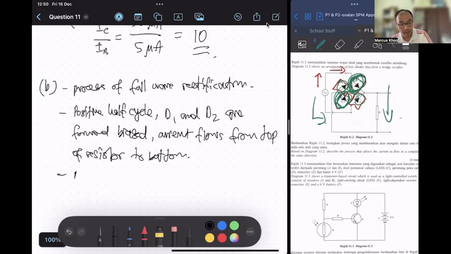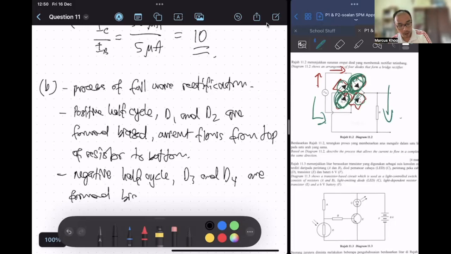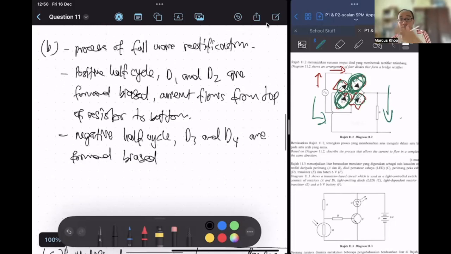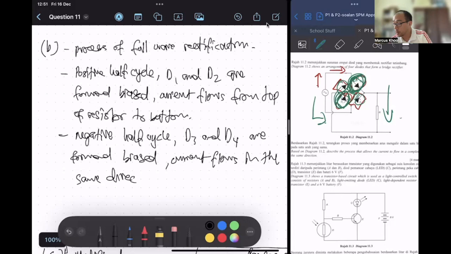Then the second one is the negative half cycle, which is the green color one. In the negative half cycle, D3 and D4 are forward bias, and we find that because of that, the current flows in the same direction, which is also from the top to the bottom, because of how they are biased now.